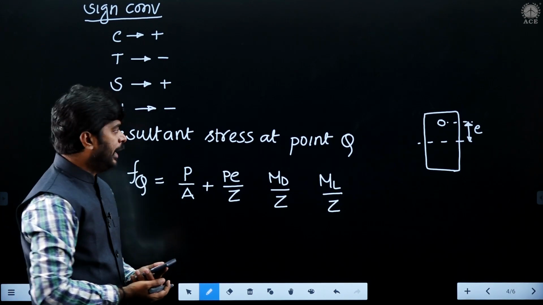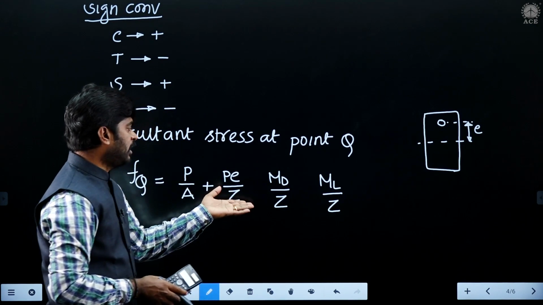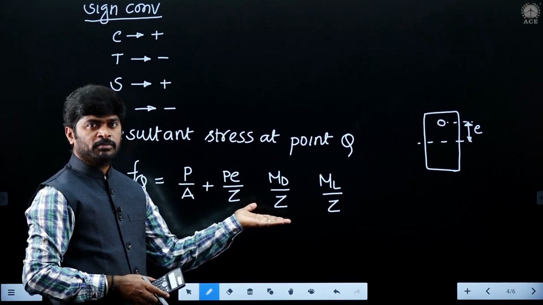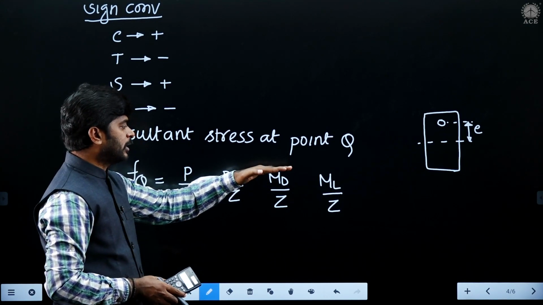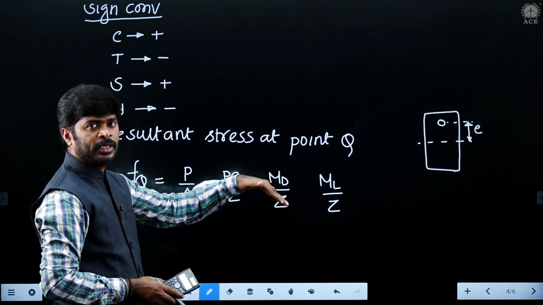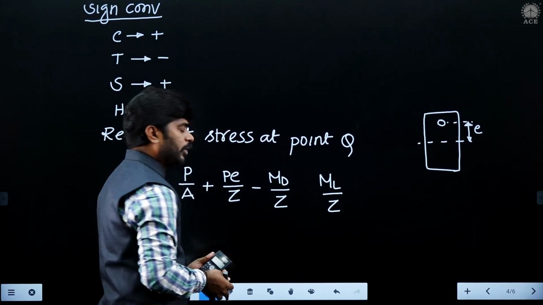Right? And what will be the sign due to self weight? My dear, self weight of the beam is going to create a hogging curvature. So, at top fiber in a hogging curvature, it is negative.